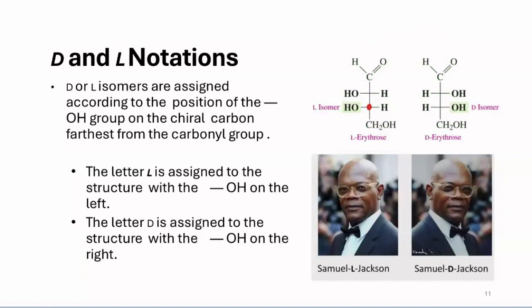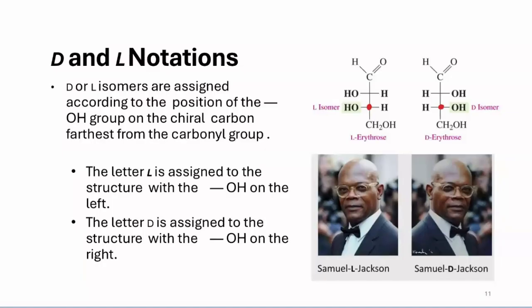So if I look at the mirror image of L-erythrose, specifically at the chiral carbon that is the farthest away from the carbonyl, and you can see that I actually marked it, now my OH is pointing to the right. I always say that right in Spanish is the word derecha, which starts with the letter D. So if your OH is pointing towards the right, meaning derecha, that means that is the D isomer.